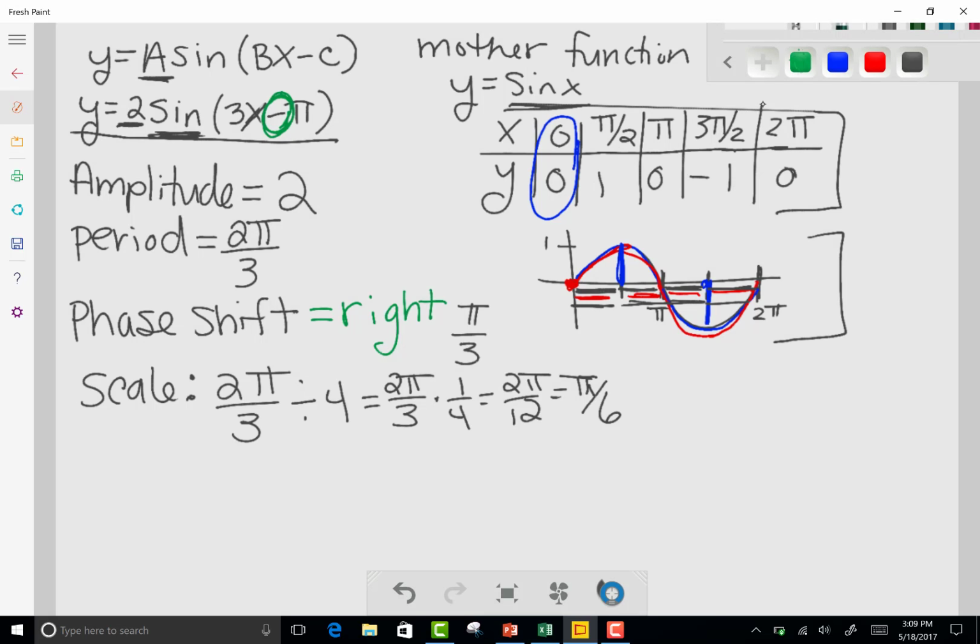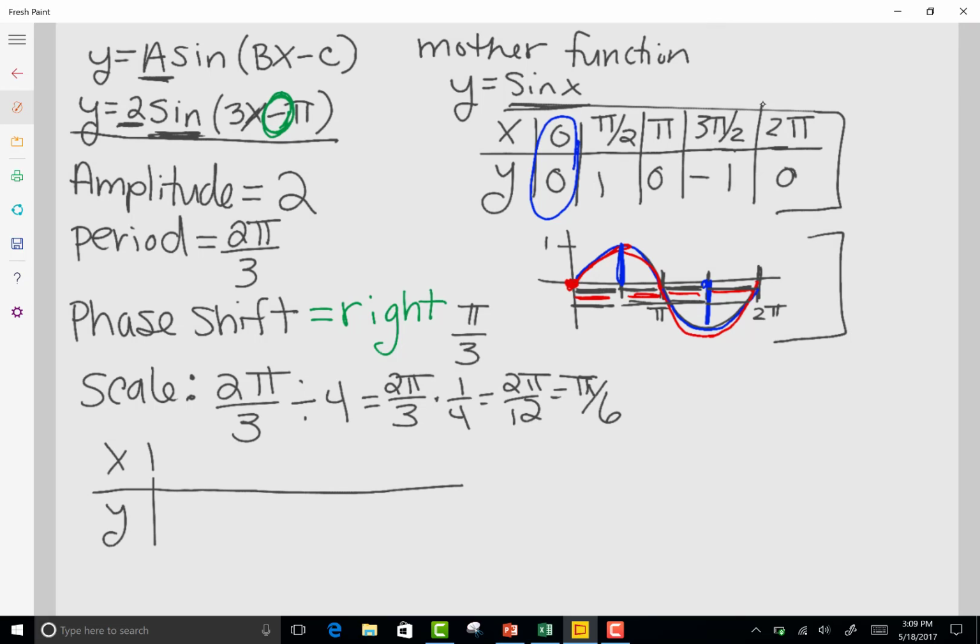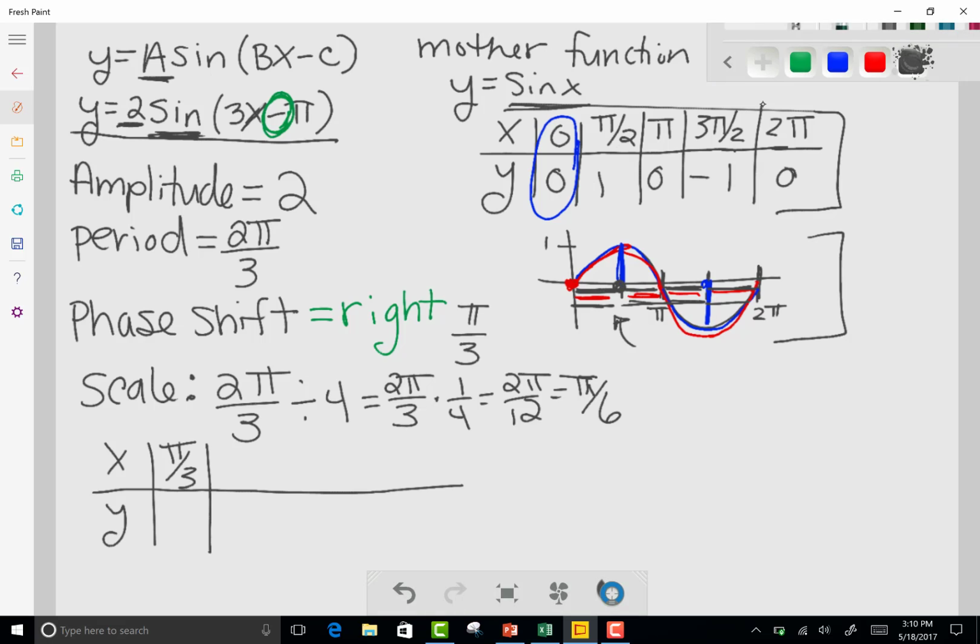So I'm going to start at pi over 3. Since I usually start at 0, 0 for my mother function, but I'm shifted right pi over 3, that's my new starting point. Then to get my next point in that interval of the translated function, I have to add pi over 6.